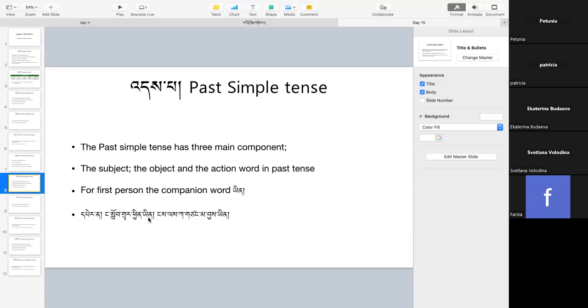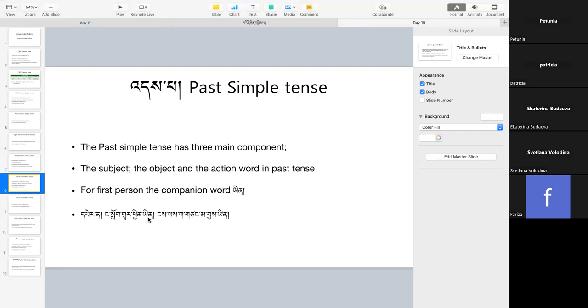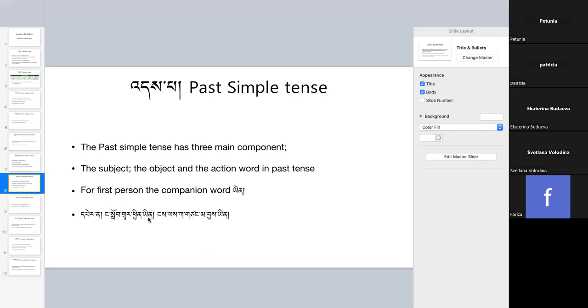In some cases, we see that the spelling changes just slightly. In some cases, it's not changing at all. But in some cases, we see that the entire word changes. For example, che becomes cha.